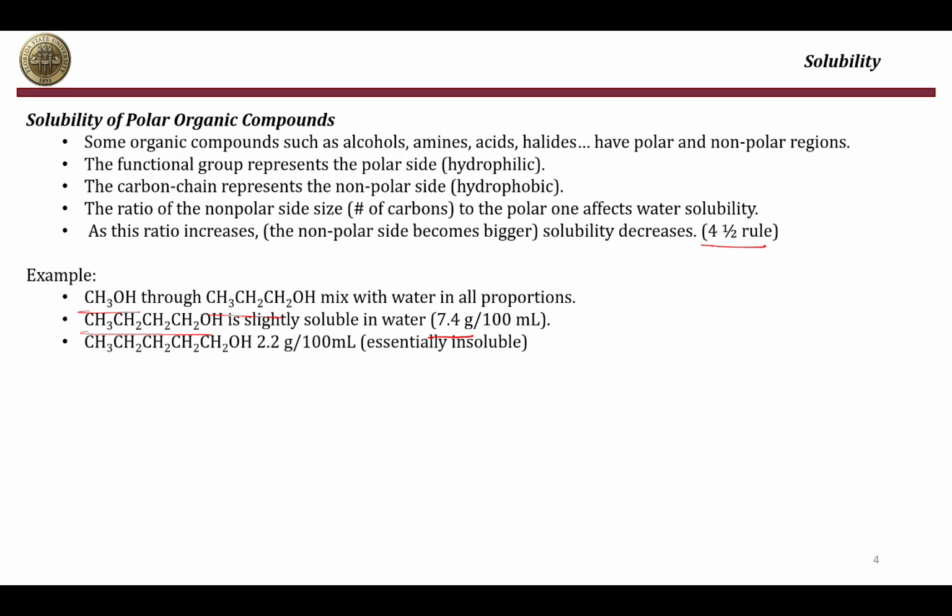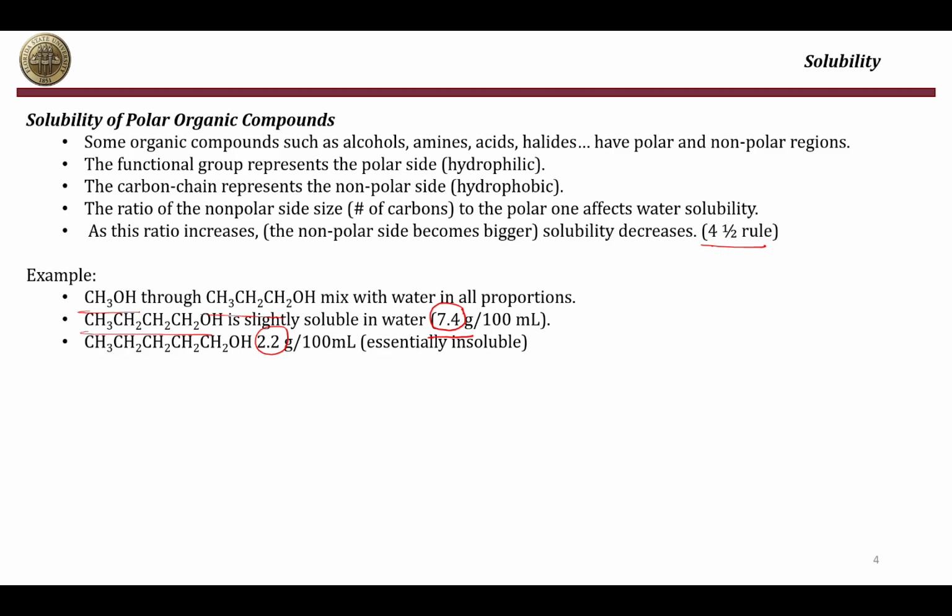When we add one more carbon, such as in the case of pentanol, the solubility decreases from 7.4 to 2.2 grams per 100 milliliters, and this means that pentanol is almost insoluble in water. Adding more carbons will reduce the solubility of the alcohol more and more.